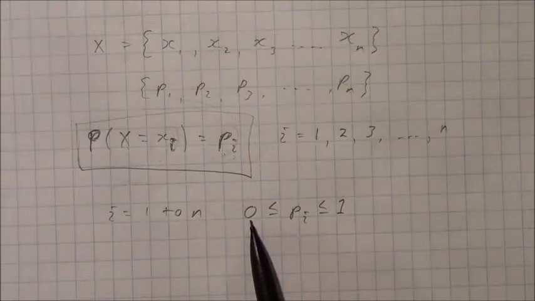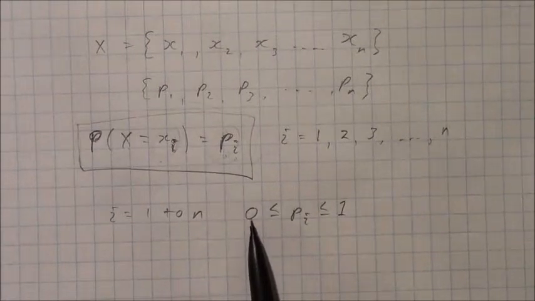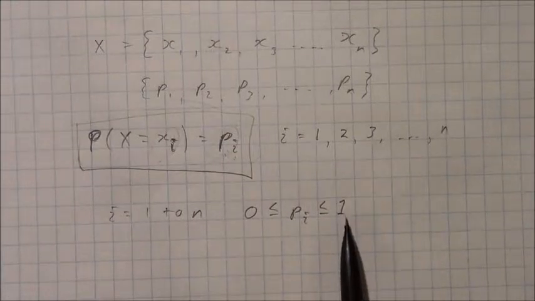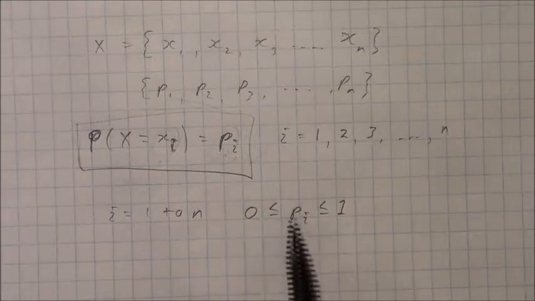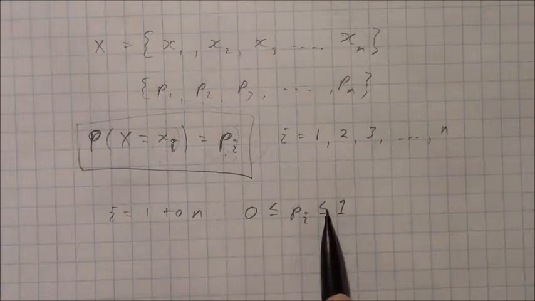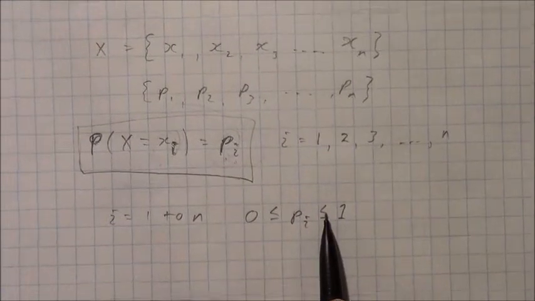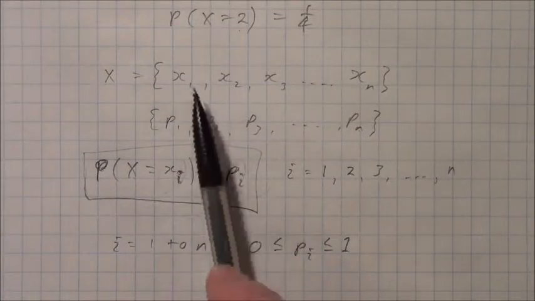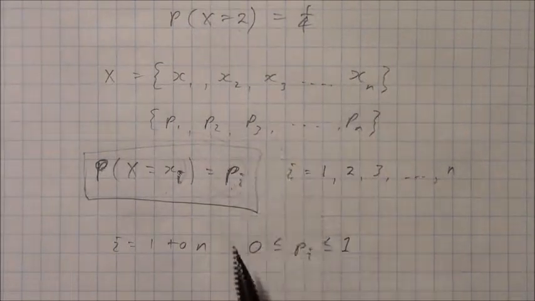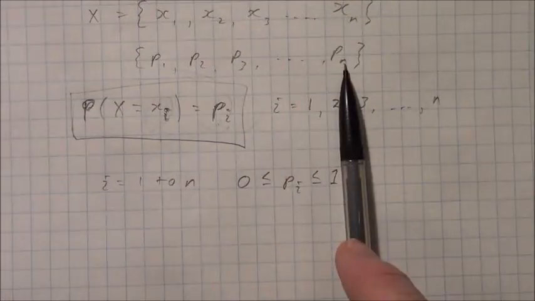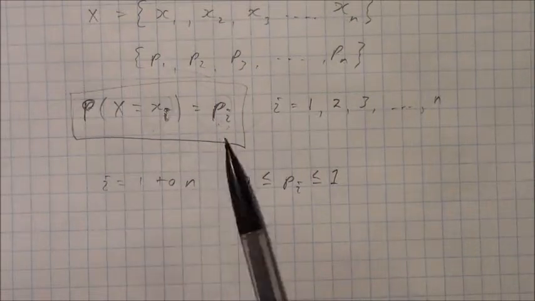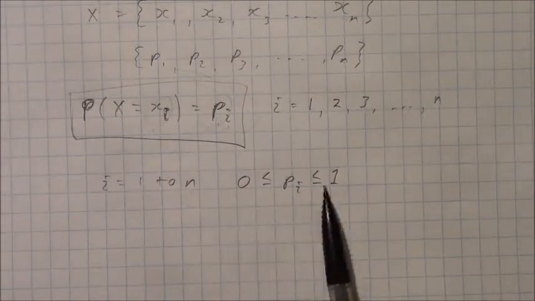From impossible to definitely certain, and all the different probabilities in between. So all these probabilities for this event, whatever that may be, will range between 0 and 1.